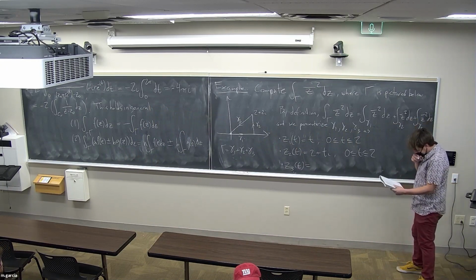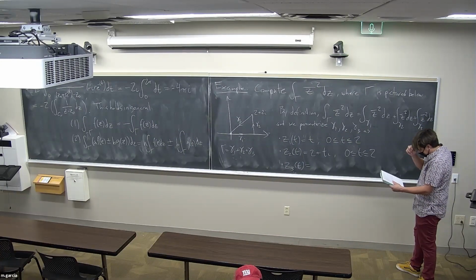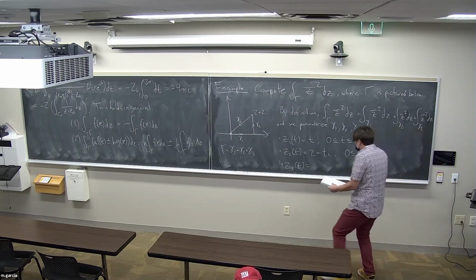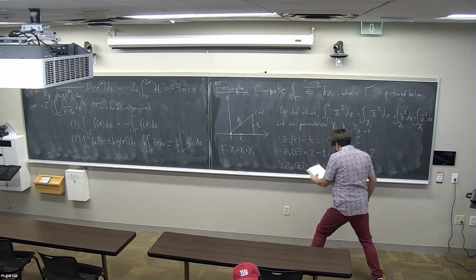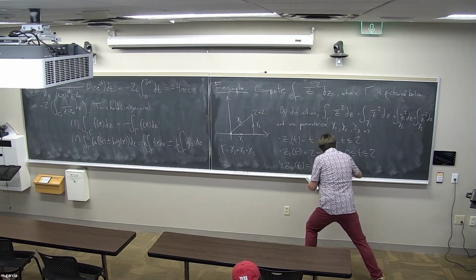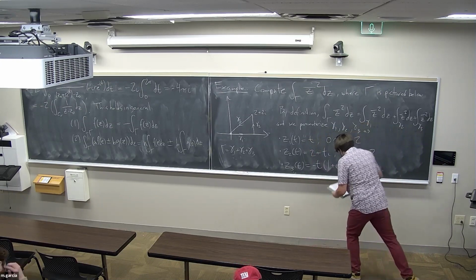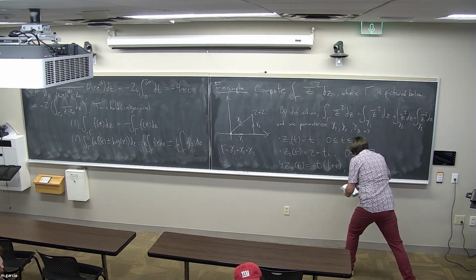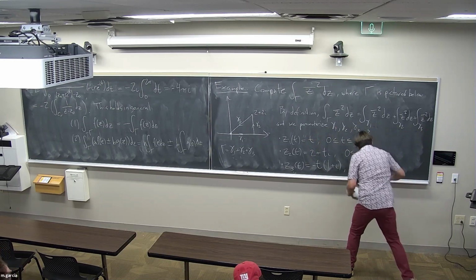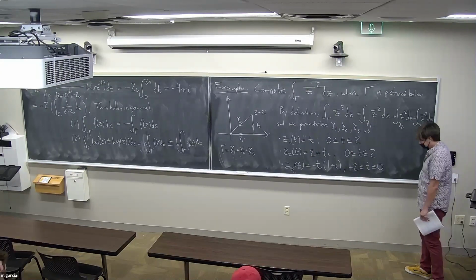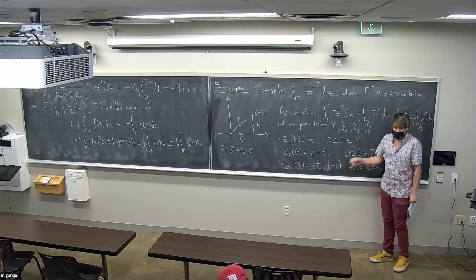Okay. So for gamma 3, I'll choose the parameterization as follows. Negative t times 1 plus i, in the interval where t runs from -2 to 0. Again, you can verify for yourself.